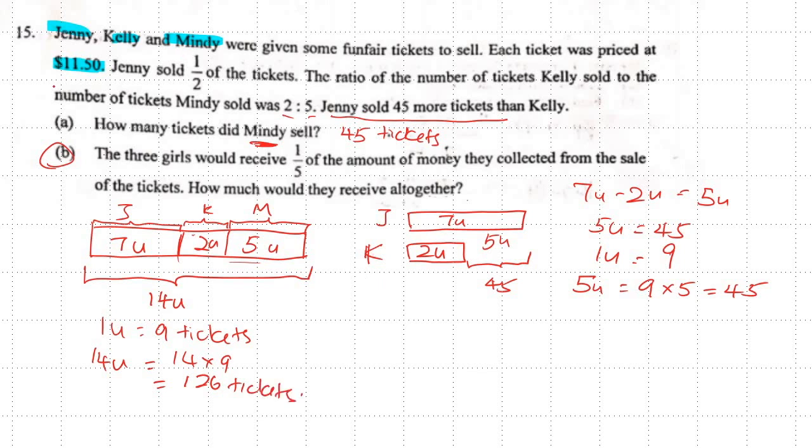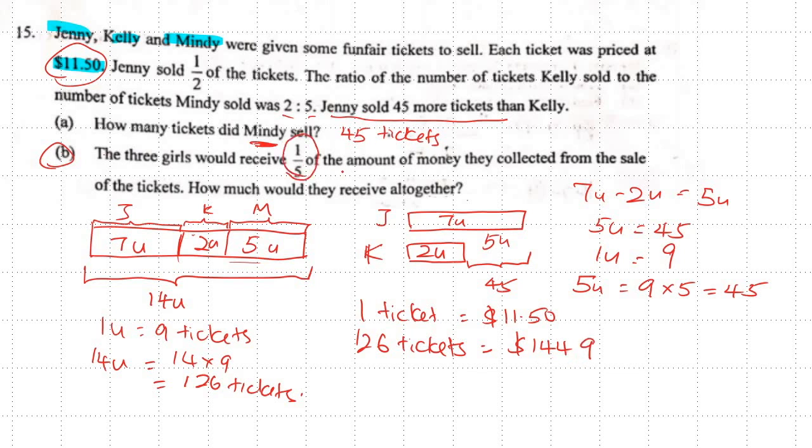Then you know that 1 ticket costs $11.50. I have 126 tickets. The total cost of the tickets itself is actually 1449. But they'll only receive 1/5 of the amount.